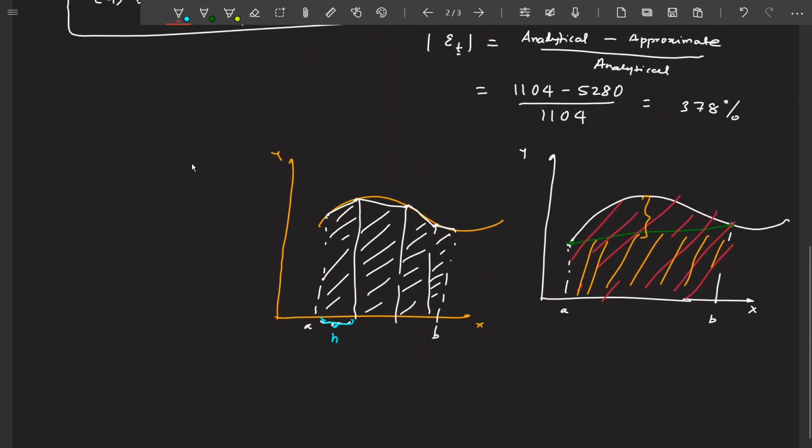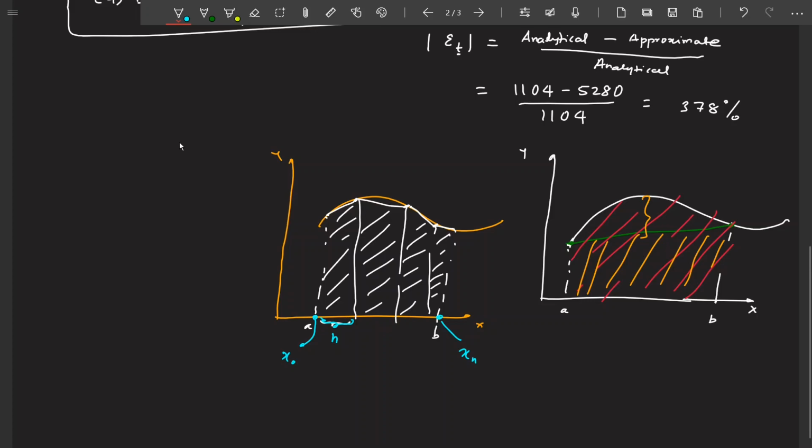In multiple application of the trapezoidal rule, h is the length of that segment, this point is your x0, and this point is your xn or xm, whatever you want to call it.